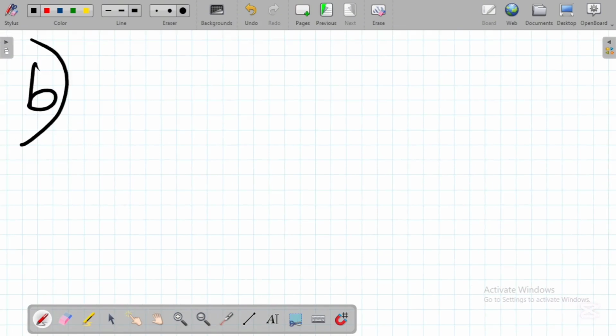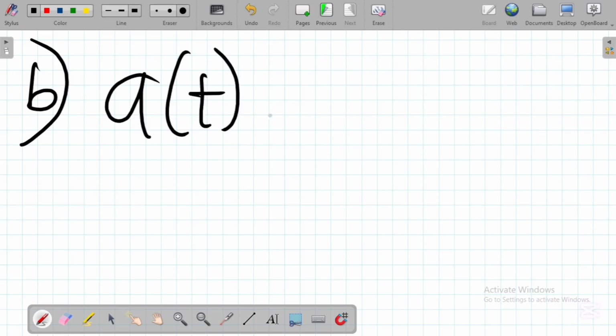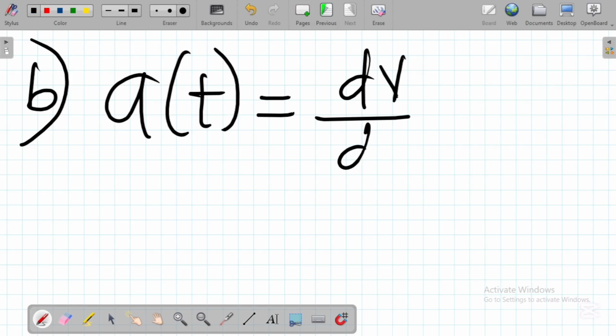Let's answer the second question. We are asked to find the acceleration at which the body moves. And recall the second rule. If you are given distance or displacement and you are asked to find acceleration, simply differentiate twice. Or if you've gotten velocity, simply differentiate velocity. So acceleration, which is a of t, is equal to dv all over dt.